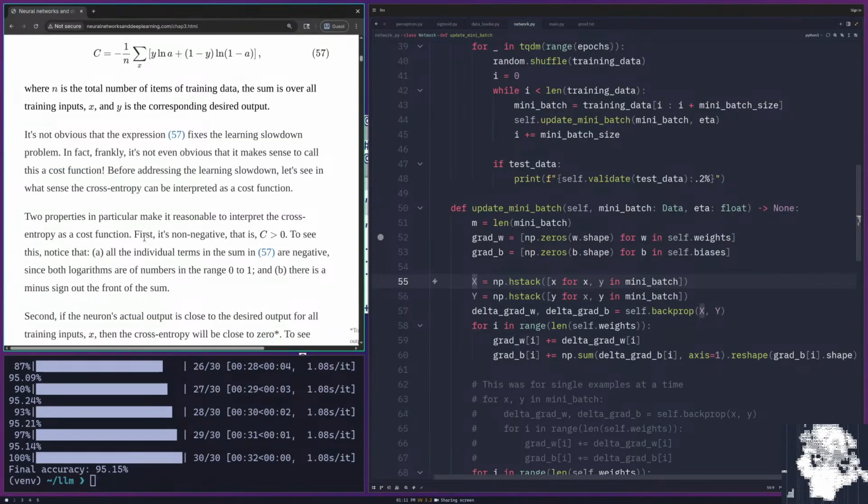First, it's non-negative, that is, C is greater than 0. To see this, notice that (a) all the individual terms in the sum in 57 are negative, since both logarithms are of numbers in the range 0 to 1, and (b) there is a minus sign in front of the sum.